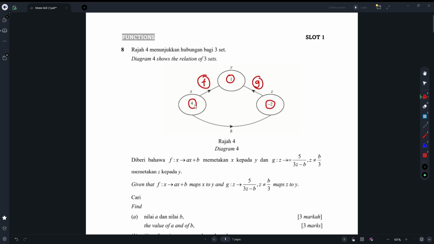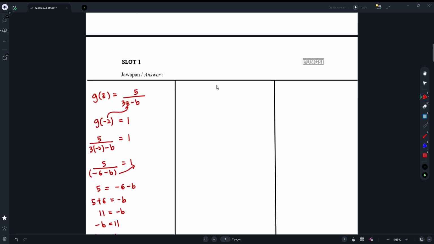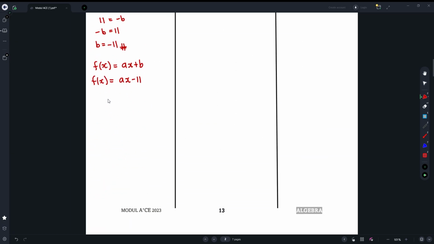So for function f, I'm going to put f of 4 is equivalent to 1. Therefore, I'm going to put the 4 into this particular position. So a multiplied by 4 minus 11 is equivalent to 1. So 4a minus 11 is equivalent to 1. 4a is equivalent to 1 plus 11.